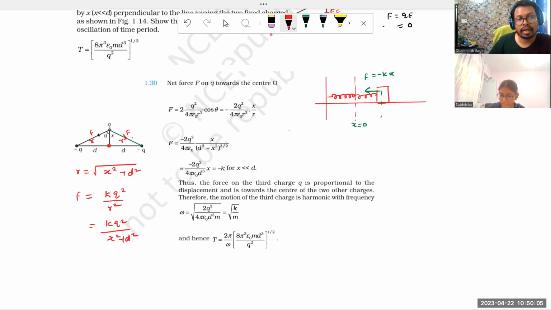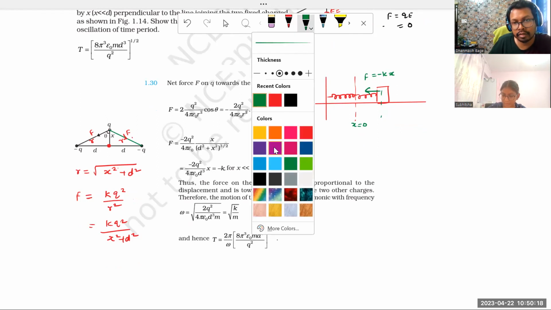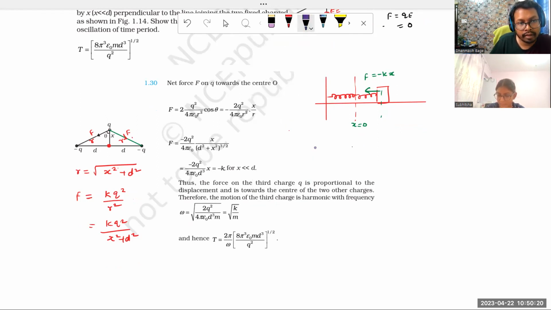That's it. And now we need to figure out what is the net force acting in the downward direction. If you resolve this force, let us do it with a different color. There will be one in this direction, this will be F sin theta. There will be another F sin theta in this direction.